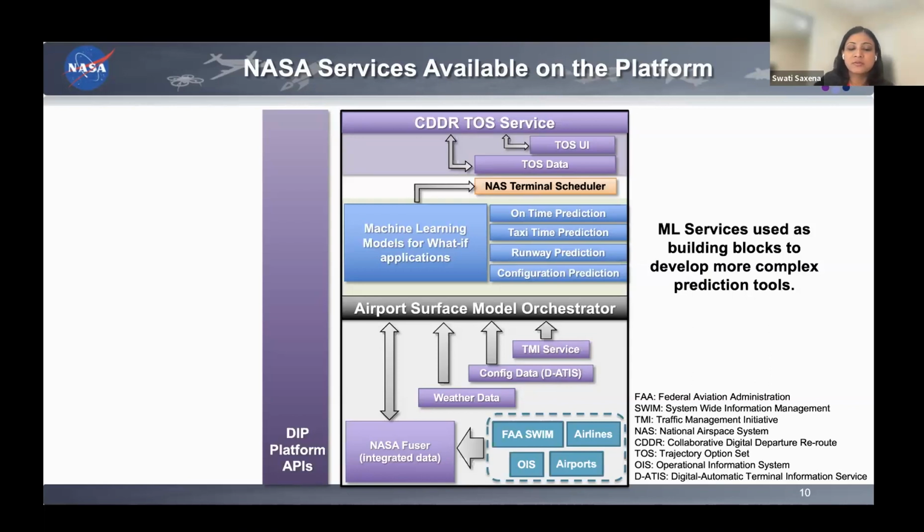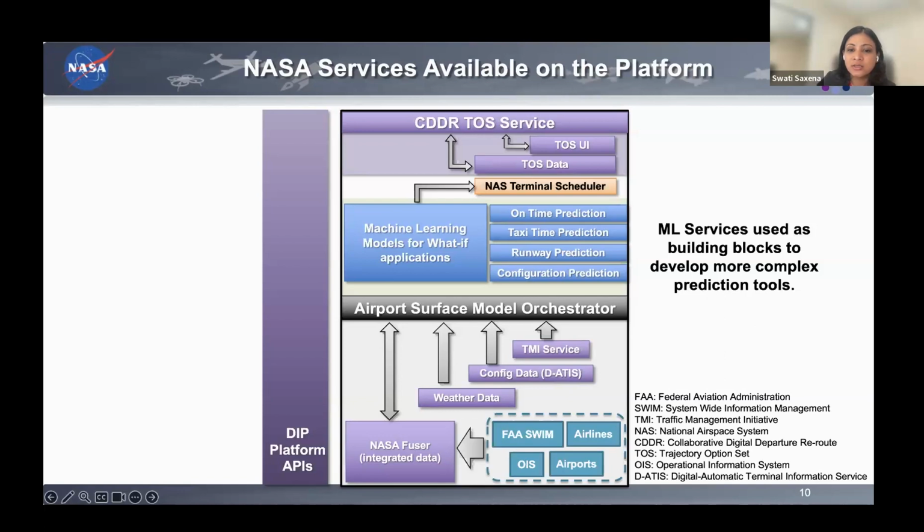What it does is start with a blueprint of the airport, and then build the predictive, machine learning based model for different what-if applications. So configuration prediction, runway prediction, taxi time prediction, on-time prediction. These are all the prediction services that are currently machine learning based.